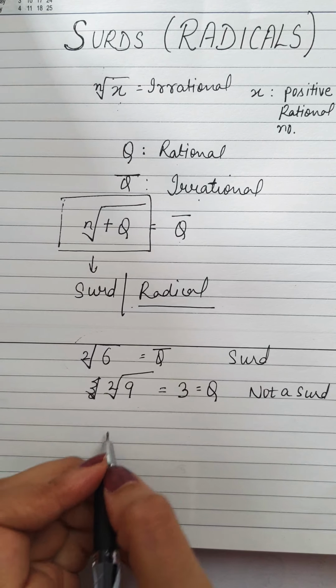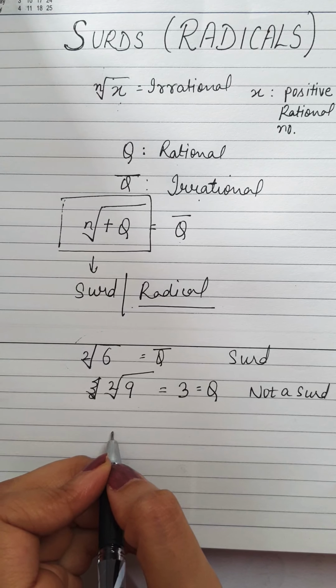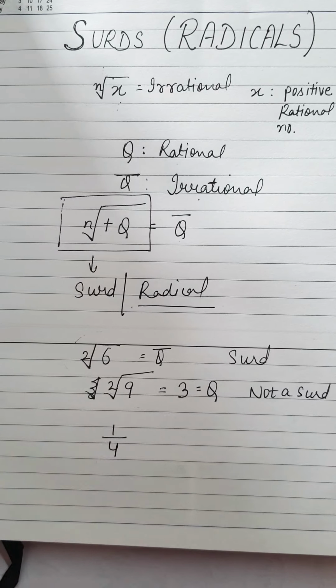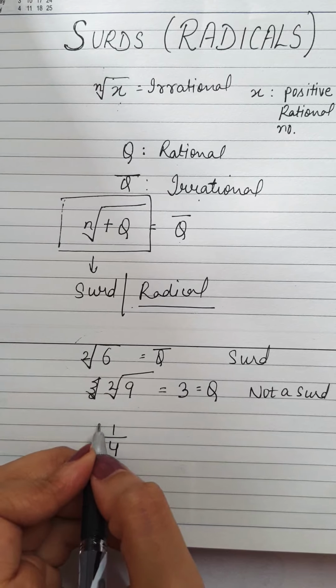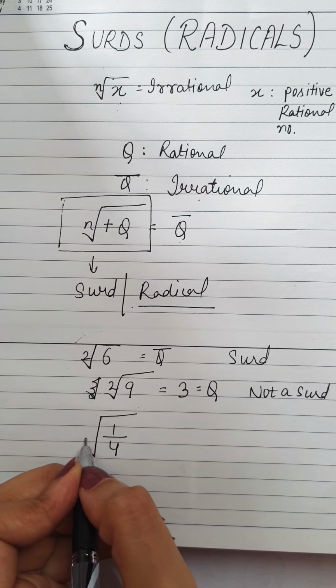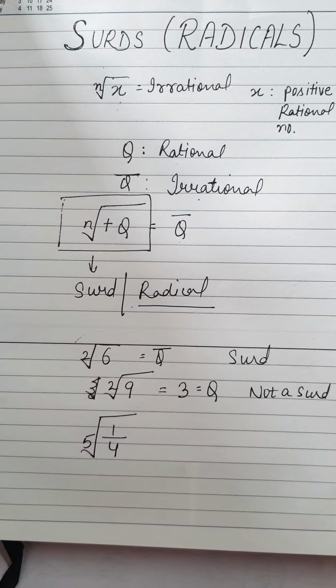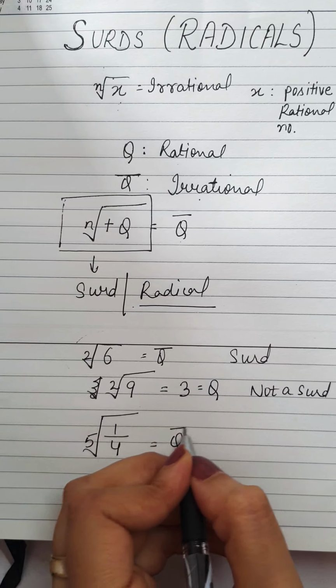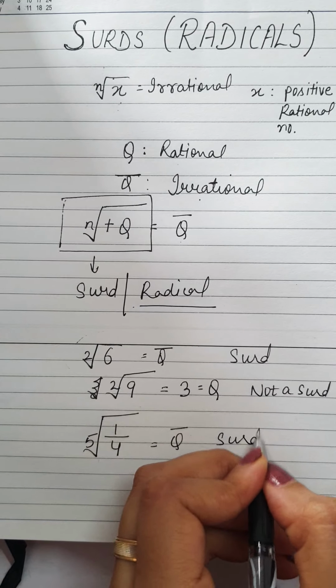Now let's take the example, say 1/4. It's a rational number. Let us apply the fifth root. The answer will be irrational, so it is a surd.